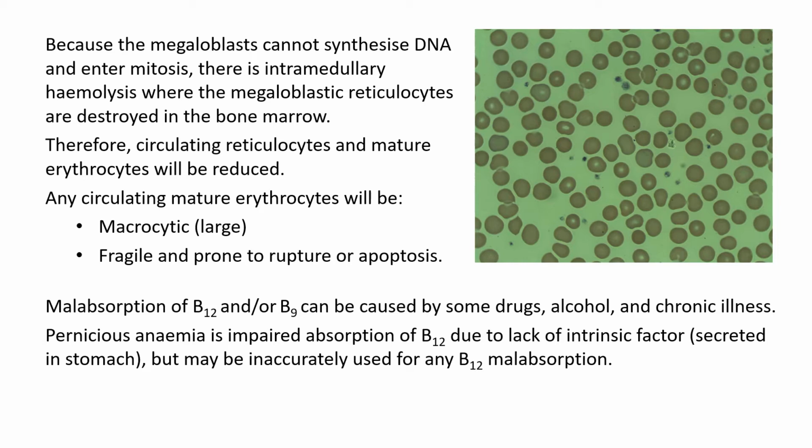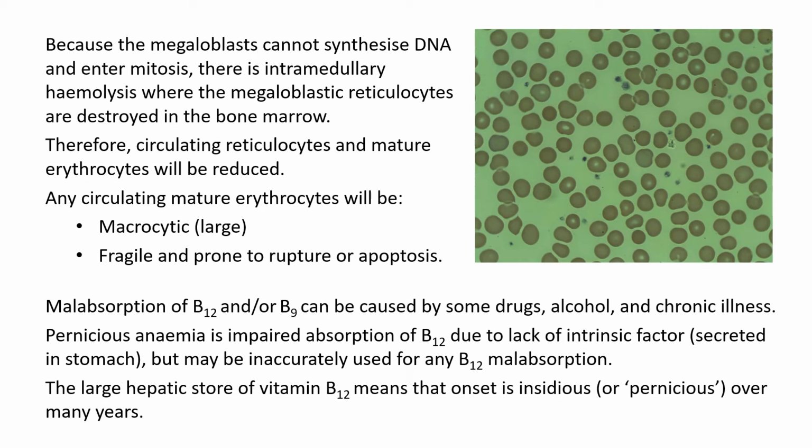But it's actually technically the impaired absorption of B12 due to a lack of intrinsic factor. Intrinsic factor is something that's secreted by the stomach, and it helps B12 to be absorbed. If we don't produce intrinsic factor, we can't absorb B12. We have technically correct pernicious anemia, but often it is used inaccurately for any B12 malabsorption.